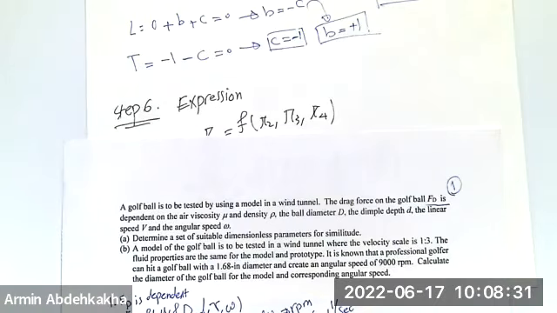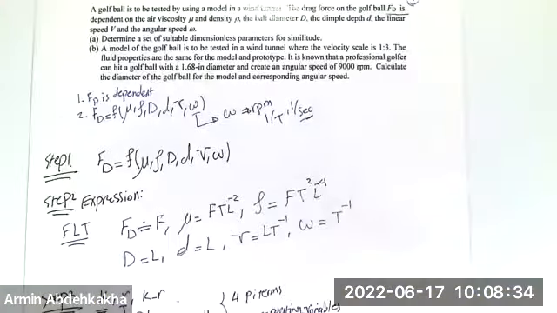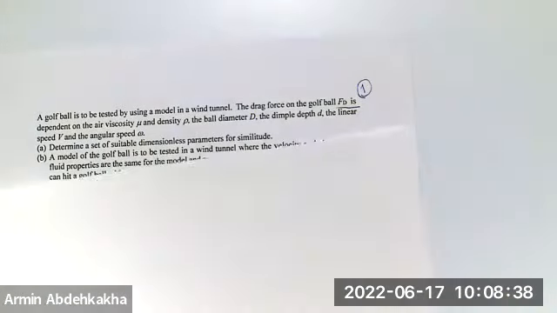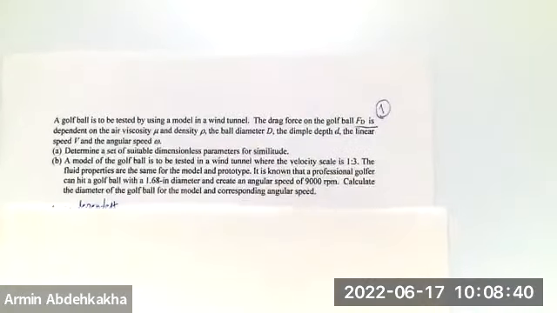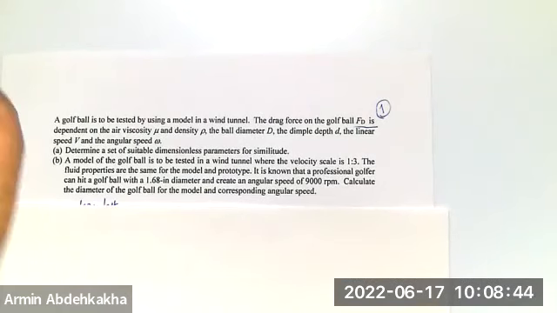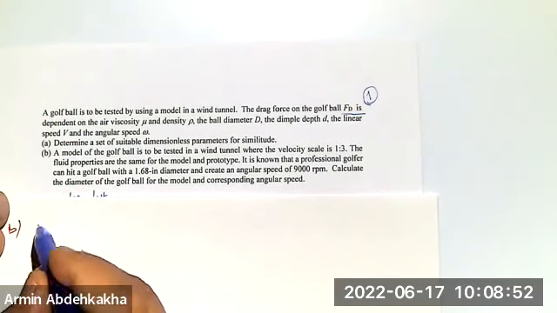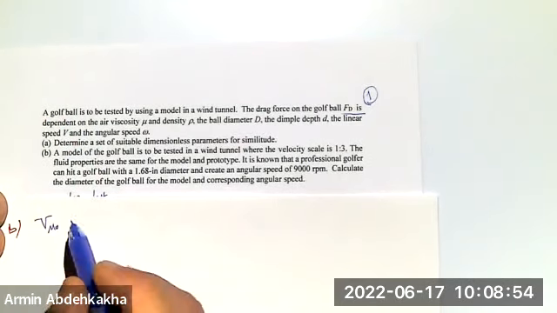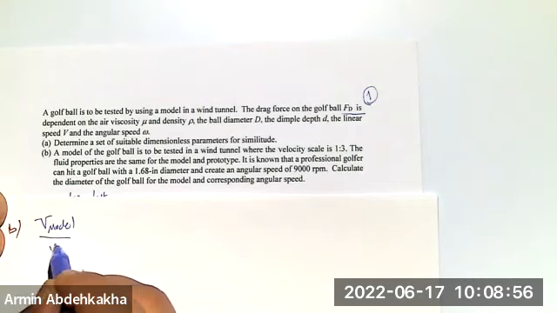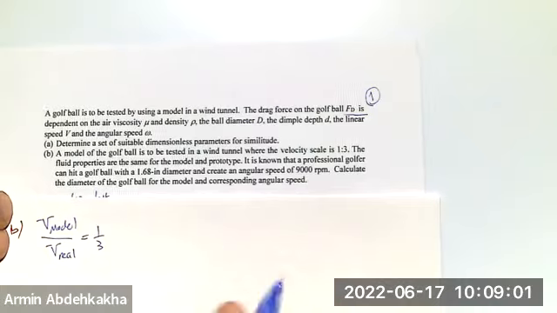So if I summarize here, part B: V of the model over V of the real is 1/3, okay?